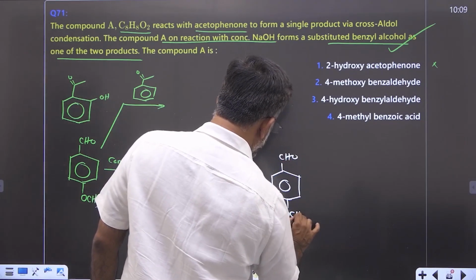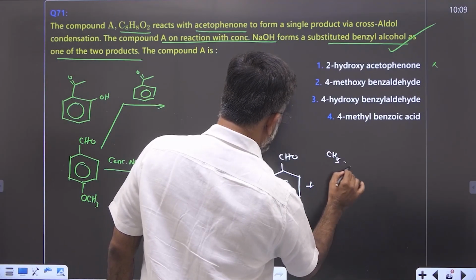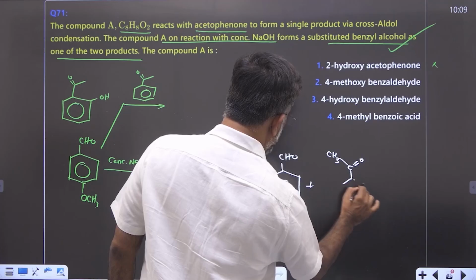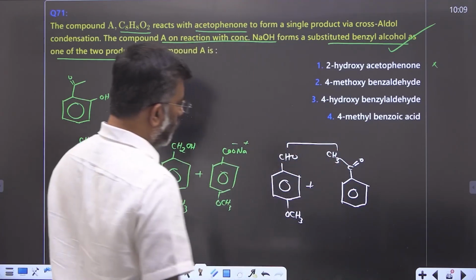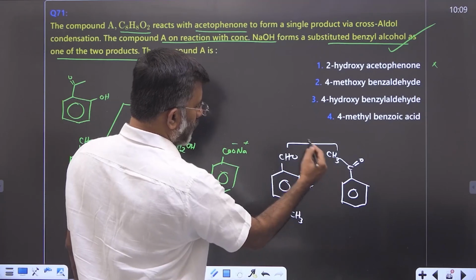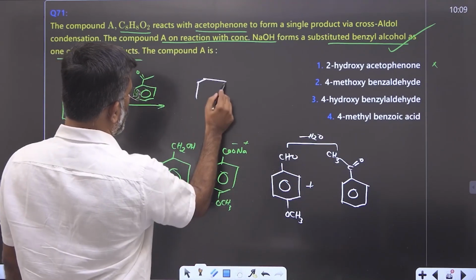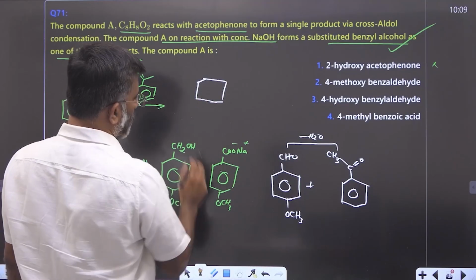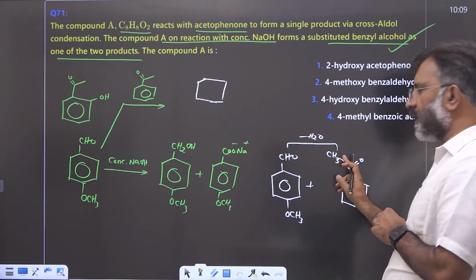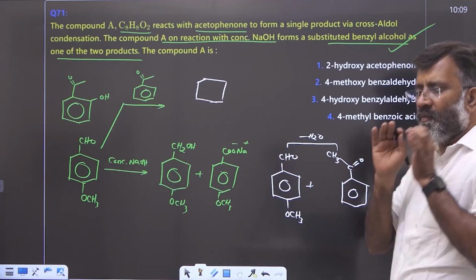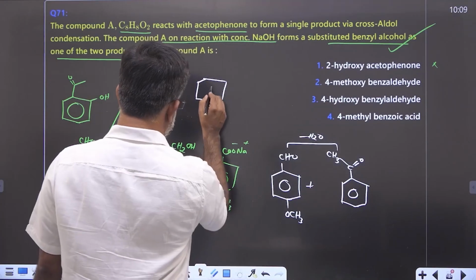CHO, OCH3 plus acetophenone, CH3CO benzene ring. Imagine it is undergoing a condensation over here. This oxygen and this hydrogen go out as water. You get the one and only product, as this alone has the alpha hydrogen atom. So you get only one cross aldol product, and the product will be like this.